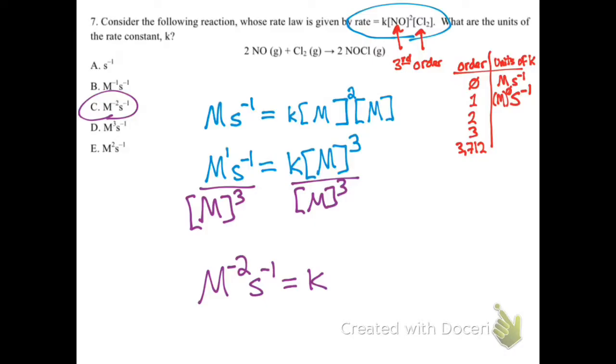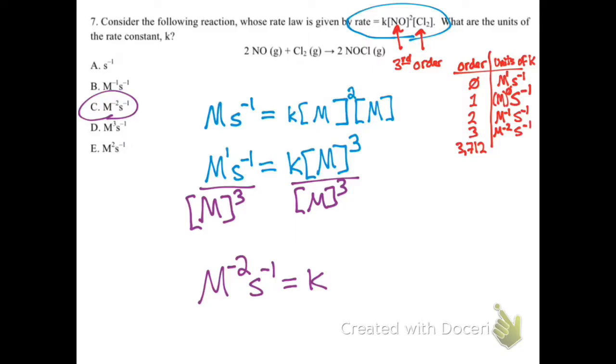So we have molarity to the 1st, seconds to the -1 for 0th order. Molarity to the 0th, seconds to the -1 for 1st order. 2nd order is M to the -1, s to the -1. 3rd order is M to the -2, s to the -1.